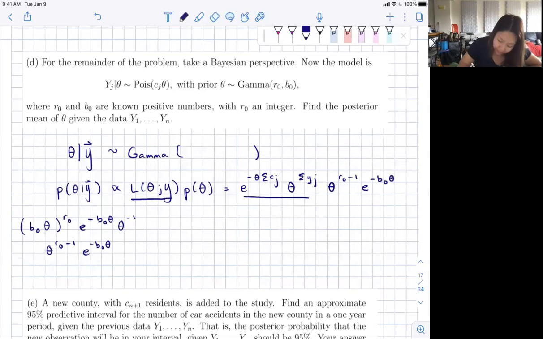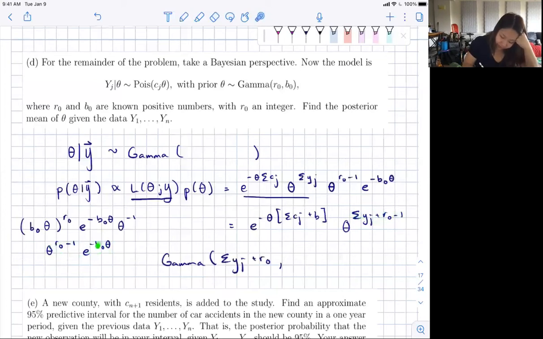If we combine that, we get e to the negative theta times the sum of c sub j's plus b, and then theta to the sum of yj plus r naught minus 1. So this is now going to be a gamma, and our first parameter is going to be this stuff here: sum of yj plus r naught. The second parameter is going to be this stuff here: sum of c sub j plus b naught.